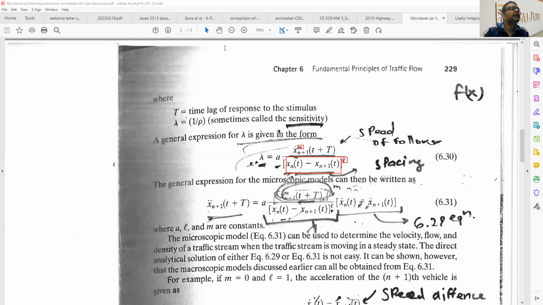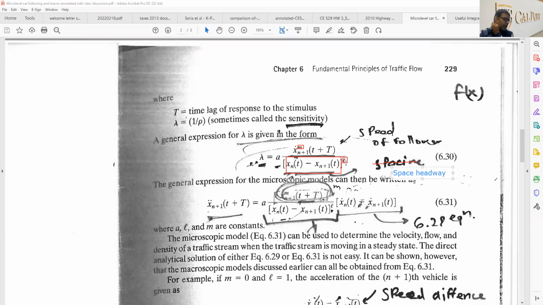So let me actually draw it out. I'm going to call it not spacing, but space headway. What we are saying here is that if your space headway is large, you're not going to be as sensitive to what the leader is doing. That's why it's in the denominator.